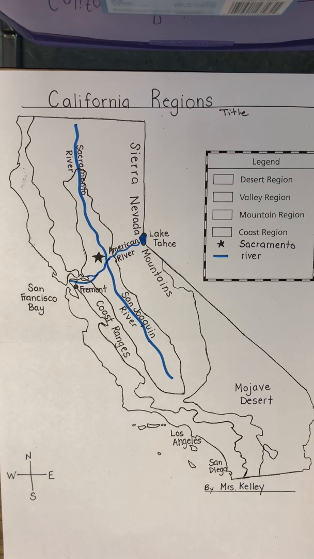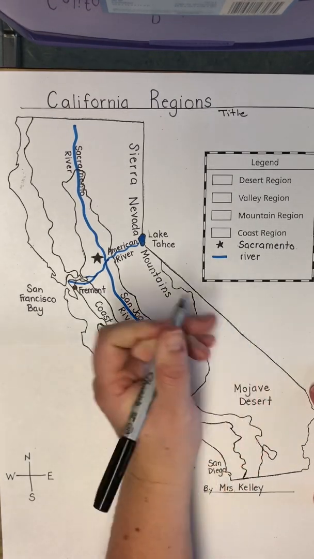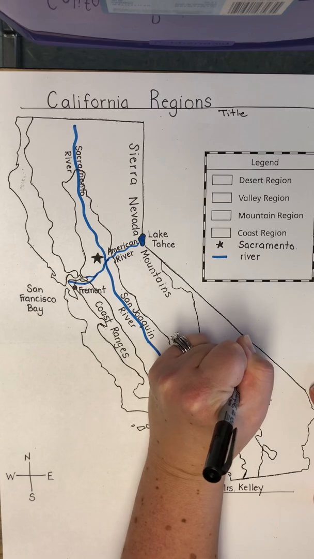Of course, another very important part of our state, the lowest point in our state and oftentimes the hottest area, is a place in the Mojave Desert called Death Valley. Now, that doesn't mean if you go there, you die. It just means that it's so hot, very few things can live there. So Death Valley is a little north of the Mojave Desert, right here on the border.